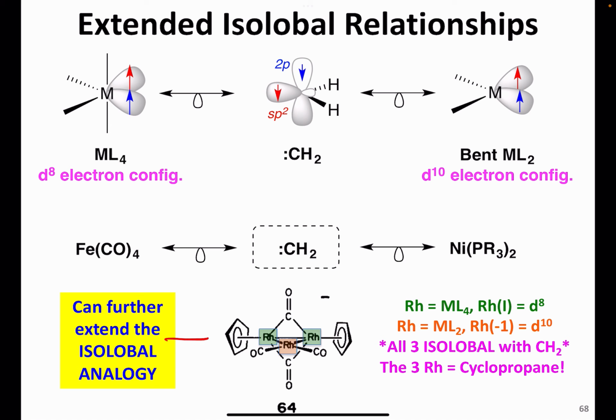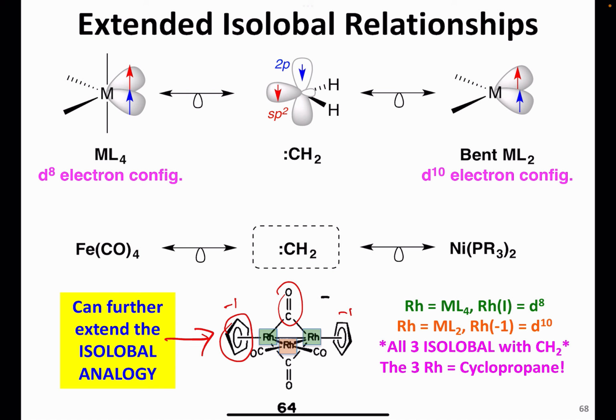What's really cool is we look at this compound right here. I think this is really stretching the isolobal analogy. The rhodium in the green box is ligated by a Cp and a bridging CO. The Cp is -1, and so each rhodium in the green box is +1 to balance the -1 charge of each Cp. So they're rhodium(I) and d8.